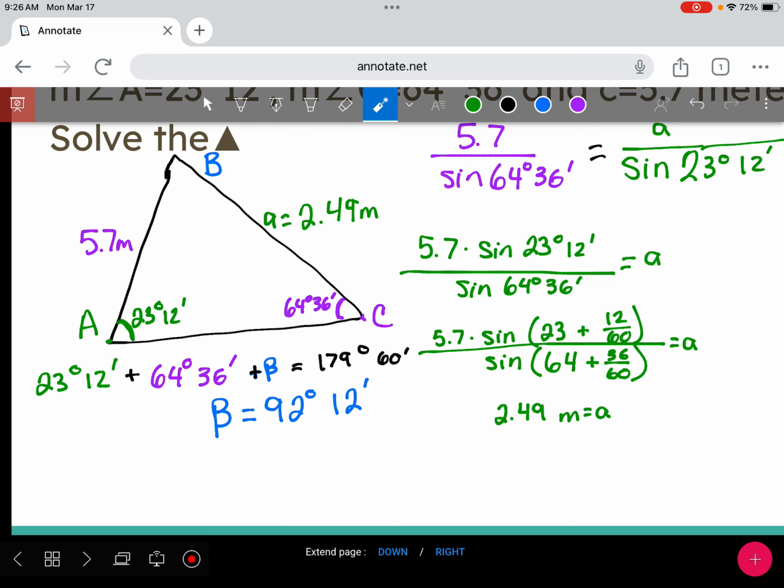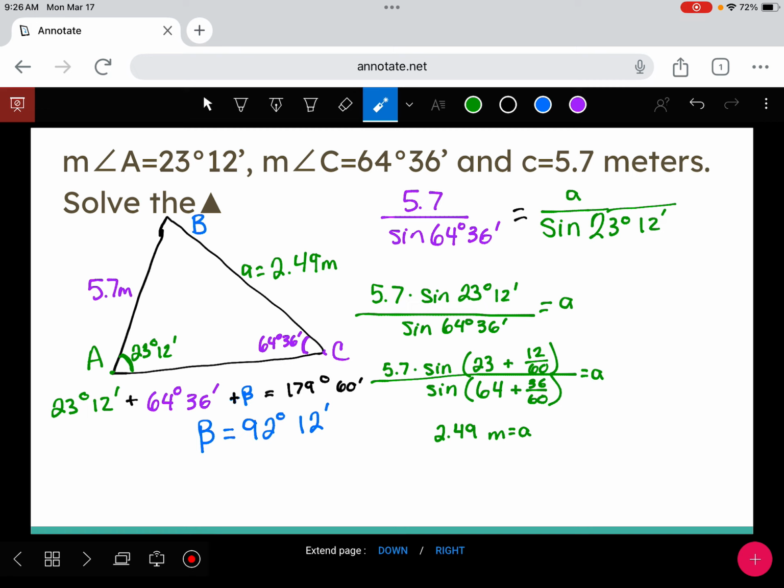Now that we know beta, 23 plus 92, 12 divided by... 100%.